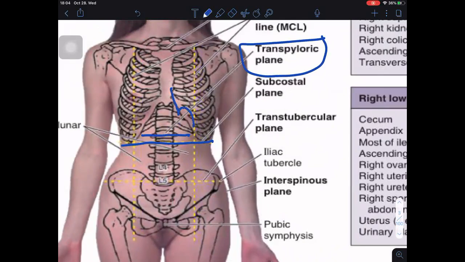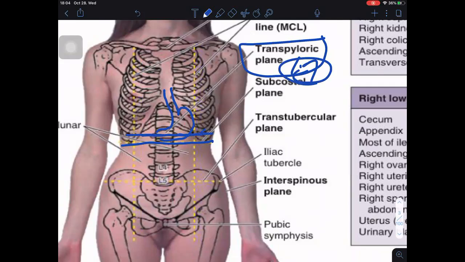Okay, somewhere like this. Here it is. So if you have the stomach over here, you can make an imaginary line which is passing through the pylorus of the stomach, which is the terminal part of the stomach. So this plane is called the transpyloric plane, and that's located at the level of L1. All right, so instead of the subcostal, you can actually use the transpyloric plane.